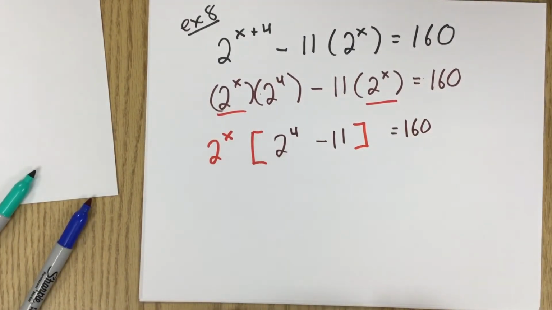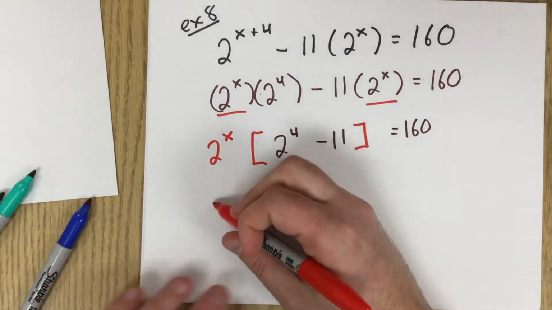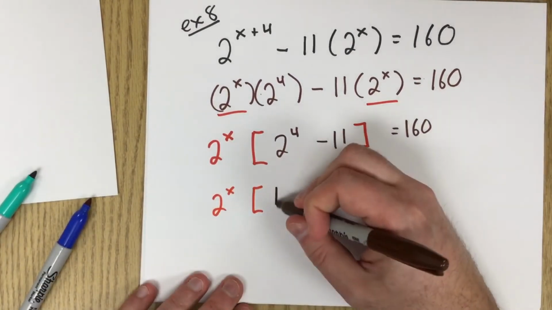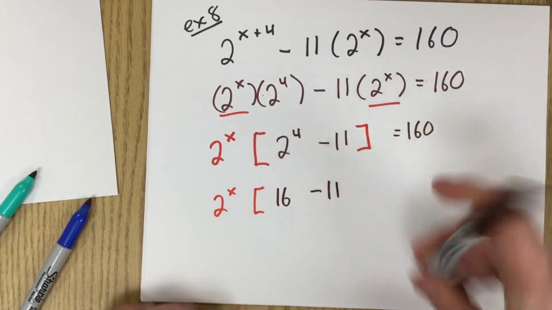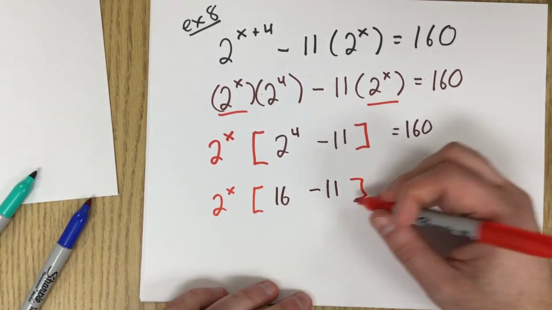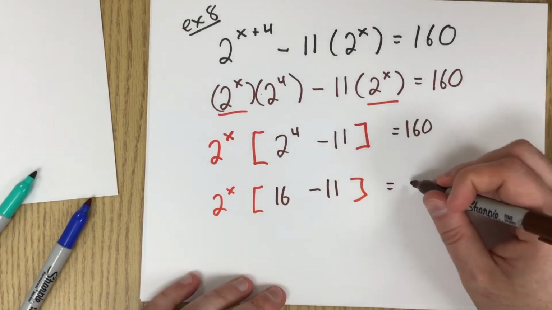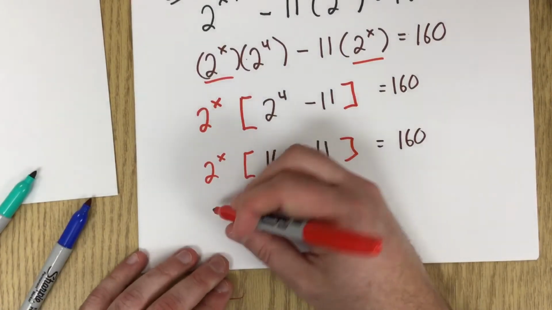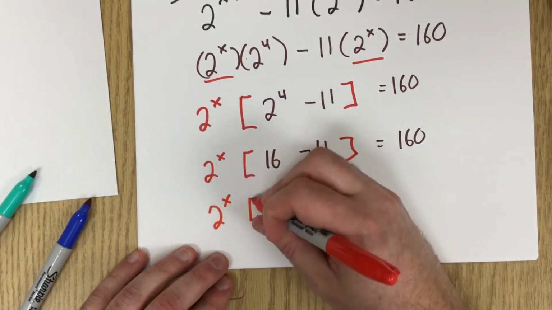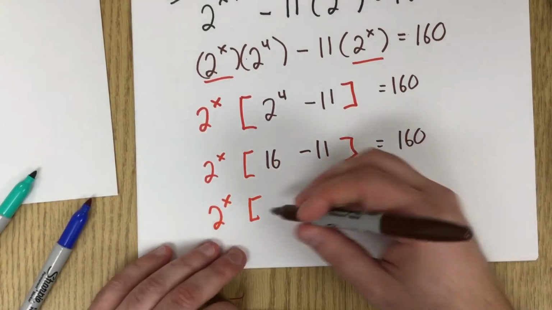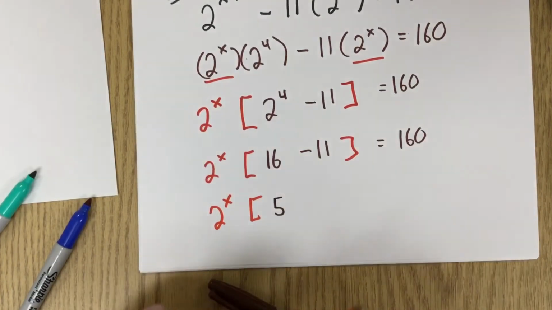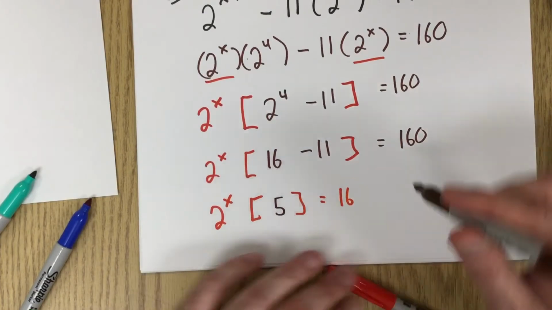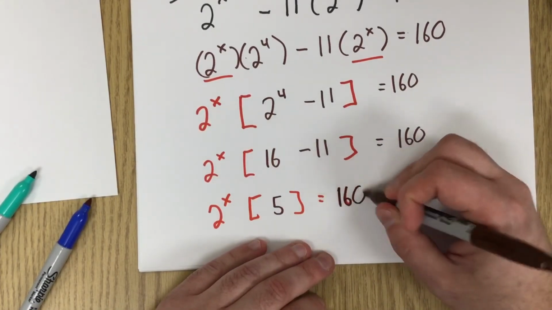So then what we have is 2 to the x, and then 2 to the 4 is 16, minus 11, equals 160. And 2 to the x, 16 minus 11 is 5, equals 160.